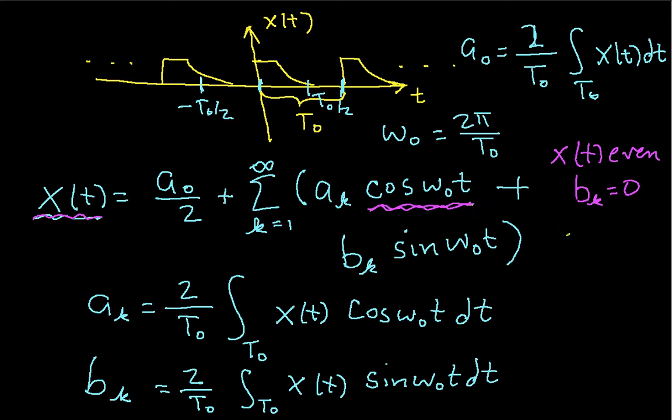If x of t is odd, then the a sub k's are 0. And again, this makes sense because if x of t is an odd function, then the sine is an odd function, and you would expect it to work out that you can compose an odd function as a sum of sines.